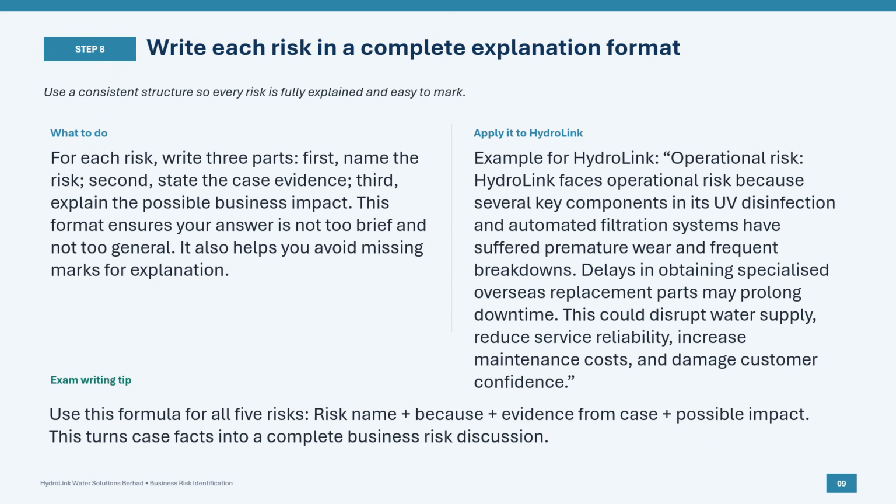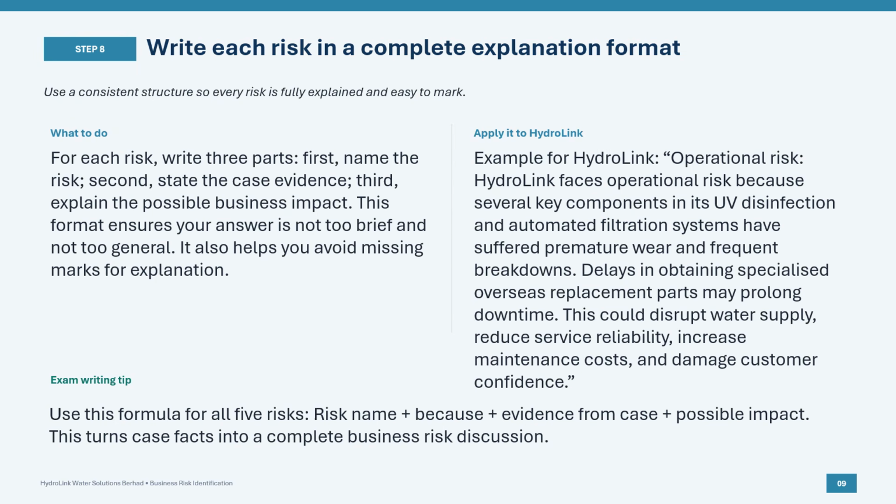Third, explain the possible business impact. This format ensures your answer is not too brief and not too general, and it also helps you avoid mistakes in marks for explanation.